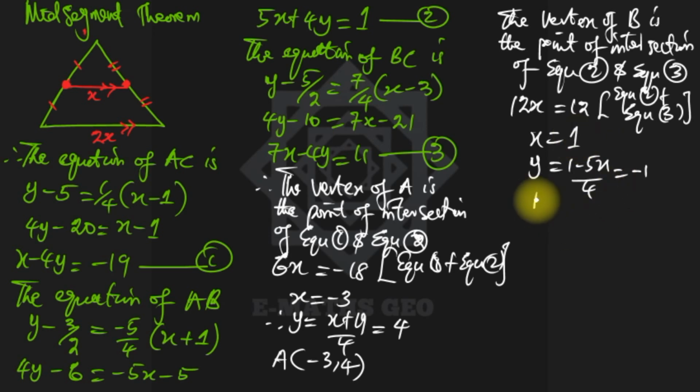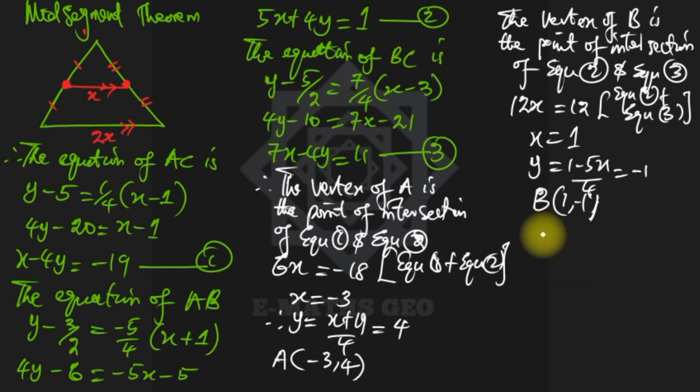Therefore, the coordinate of B is 1, minus 1. So that's it for B.